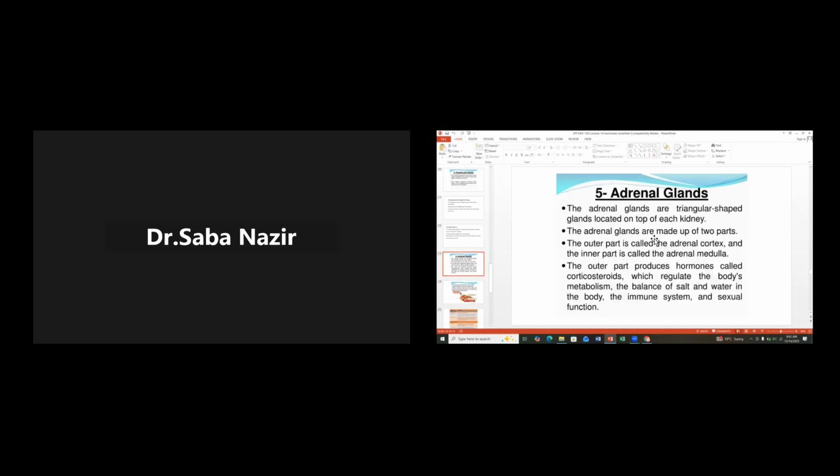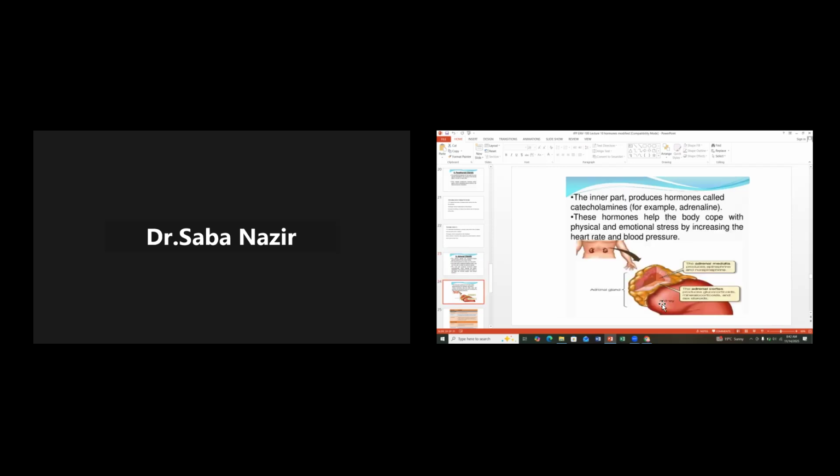Now, this adrenal gland is actually divided into two portions, the adrenal outer cortex and the adrenal inner medulla. If we zoom into this diagram, this is a 3D section of the adrenal gland, and you can observe it is present at the top of the kidney.